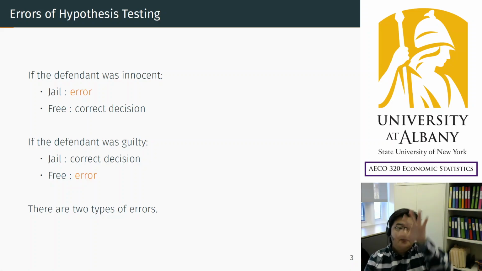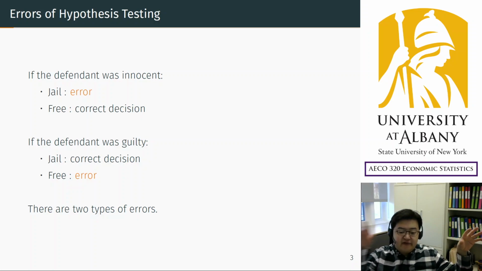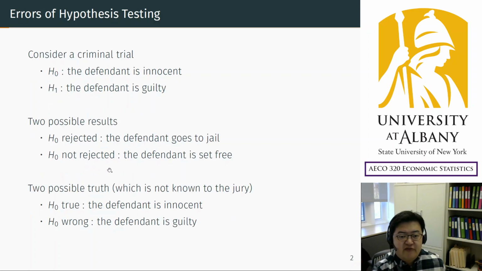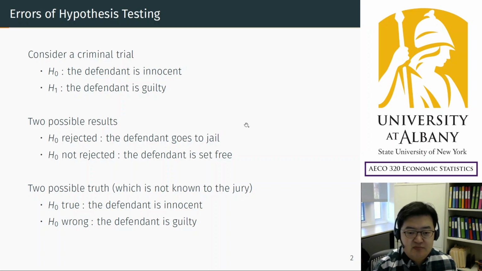So there are three different dimensions we have to think about. In each, there are two scenarios: in the hypothesis, in your decision, and in the truth. So it's a 2x2x2 case in the simplest setup.